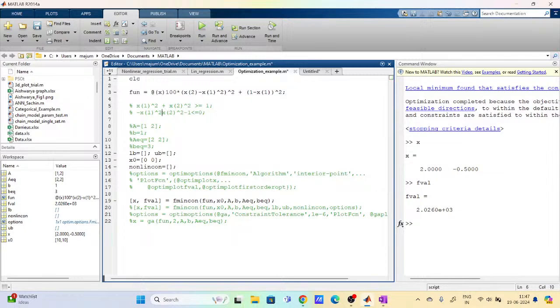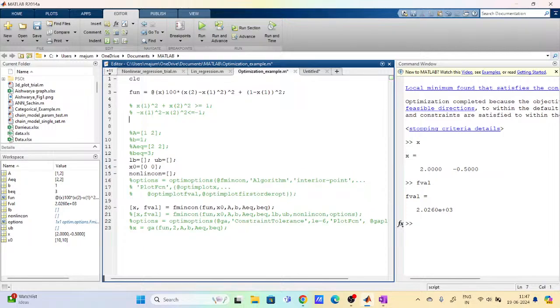This becomes minus, this becomes minus, and this becomes minus. If you multiply by minus sign on both sides, the greater than or equal to symbol is converted to less than or equal to. And next, minus 1 should be transferred to the left hand side.